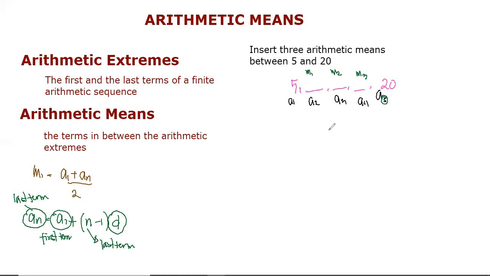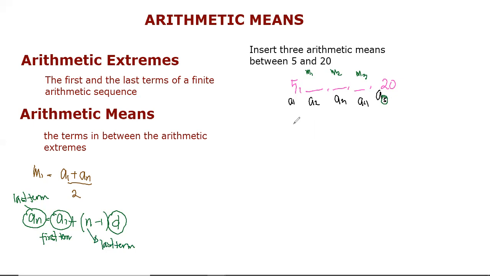Ma'am, yan lang po ba yung formula in finding the common difference? Meron pa po tayong isang formula in finding the common difference. But I want you to use this formula in getting the common difference of an arithmetic sequence. Mas gusto ko itong gamitin nyo. Ma'am, paano po yan gagamitin?